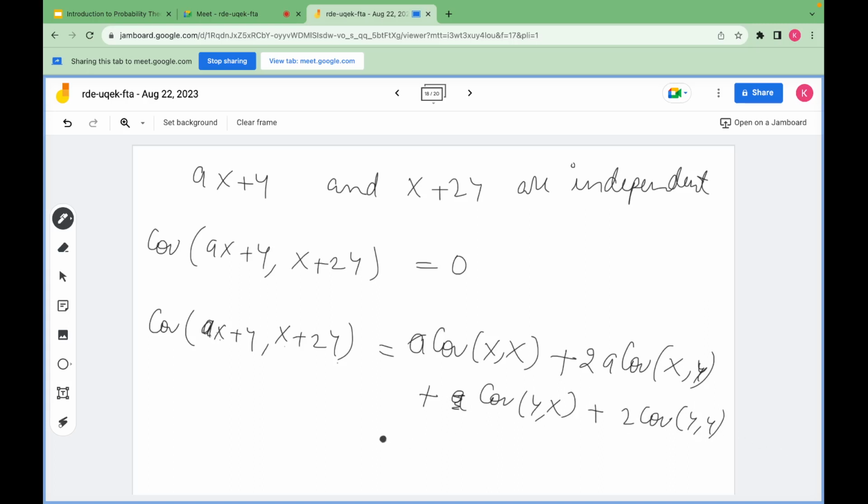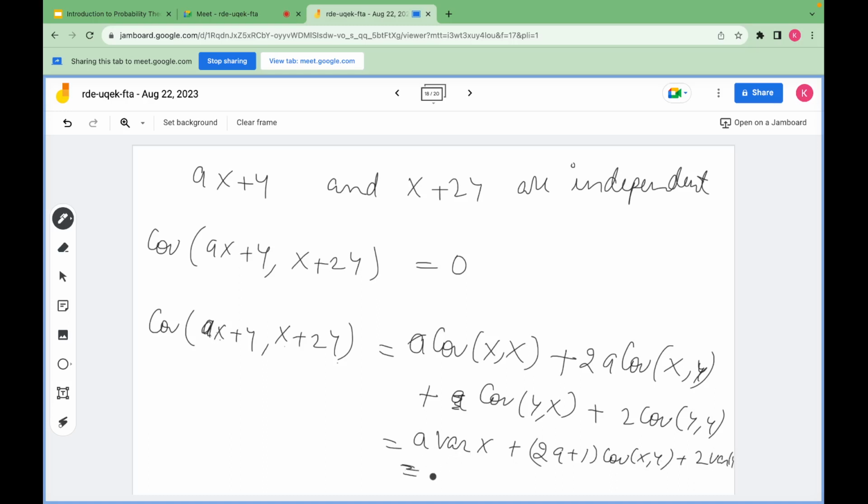So from here this is a into variance of x plus 2a plus 1 into covariance of x comma y plus 2 into variance of y.